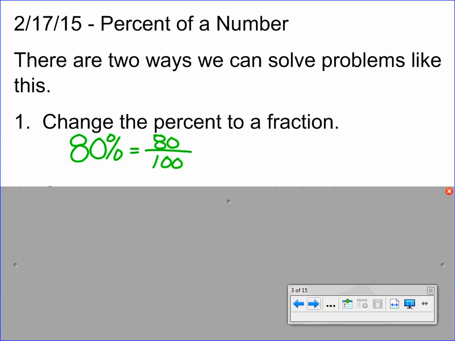It's just a way of saying 100. So we've got 80 out of 100, and we can simplify this. If we divide by 10, it gives us 8/10, which is a much easier fraction to work with. Or if we go all the way down to simplest form, we would have 4/5. So we could use 4/5 to represent the fraction 80%. That's one of the ways that we can attack this problem.